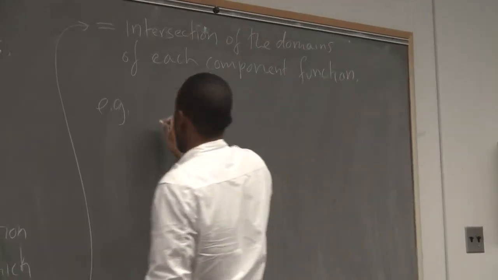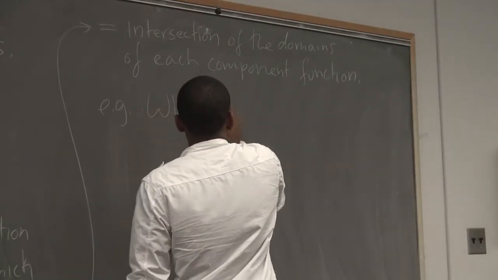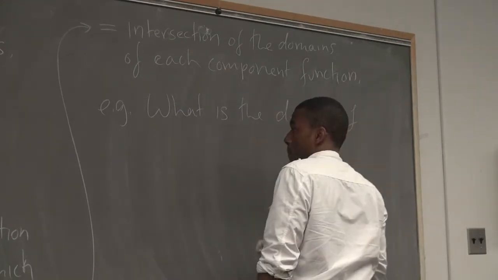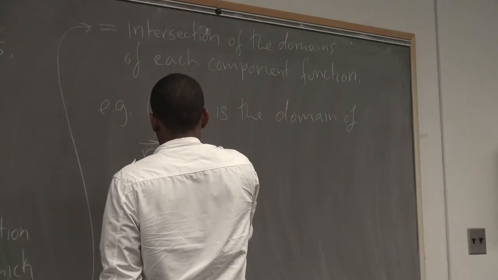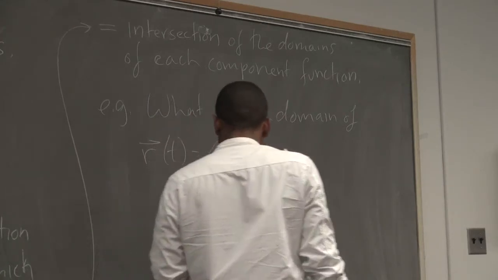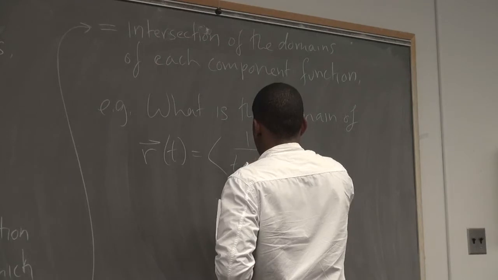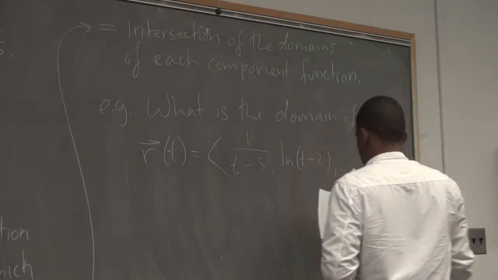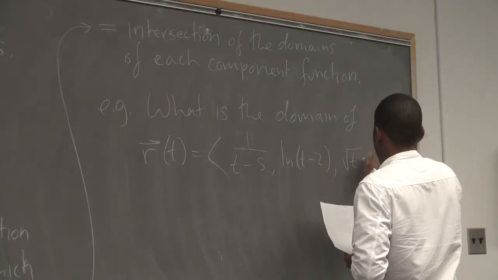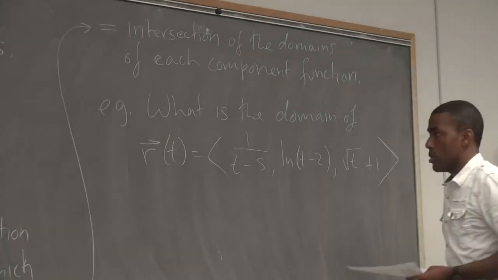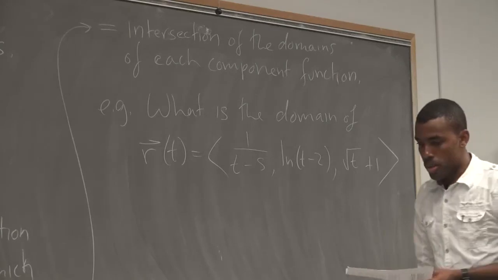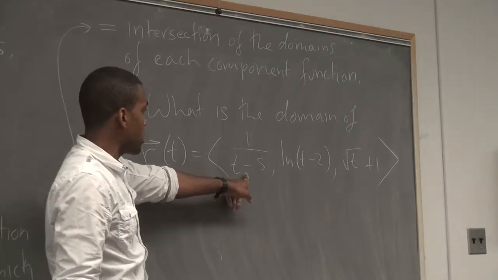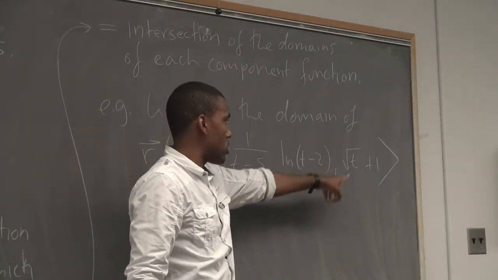Example, what is the domain of this guy? This actually gives me a curve in three-dimensional space where the x-coordinate is described by this function, the y-coordinate is described by this function, the z-coordinate is described by that function.